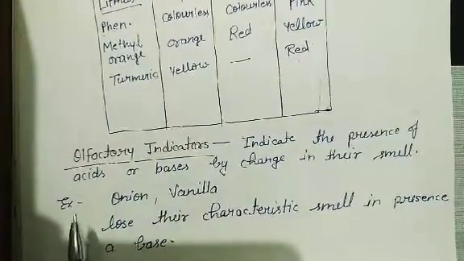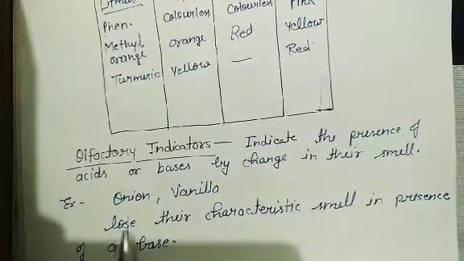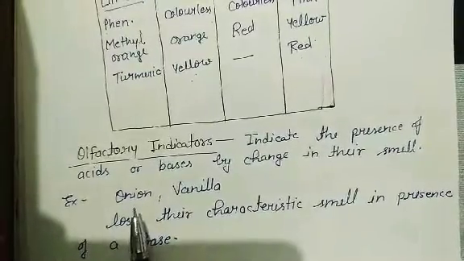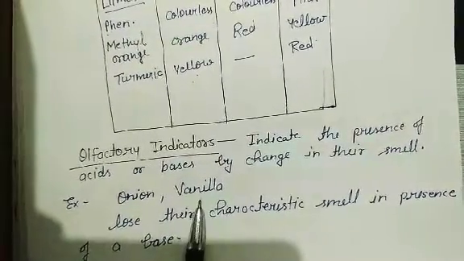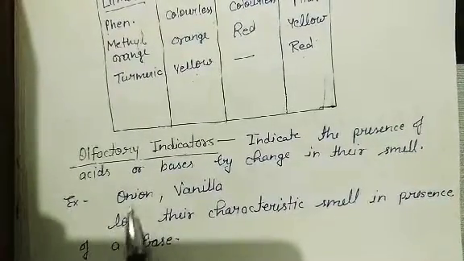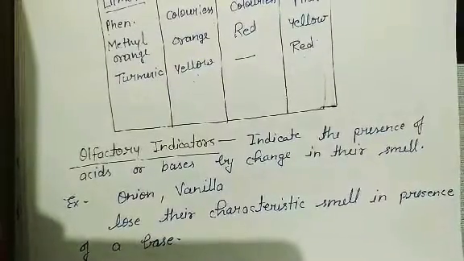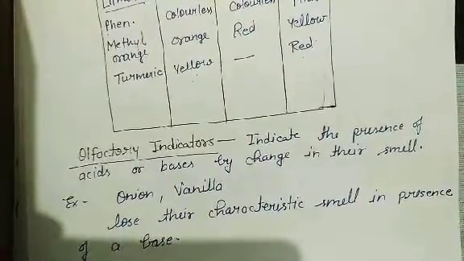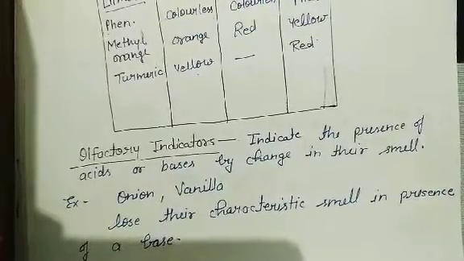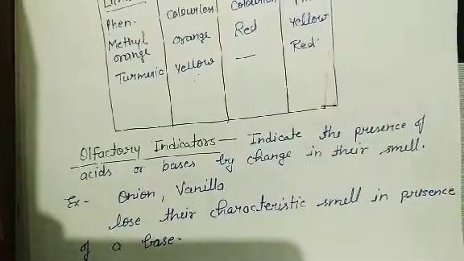In olfactory indicators, the examples we have are onion and vanilla. Both of these have a characteristic odor. Onion has a very strong odor, whereas vanilla has a very pleasant smell. It is very sweet and pleasant. Often you must have had a taste of vanilla in ice creams or cakes.